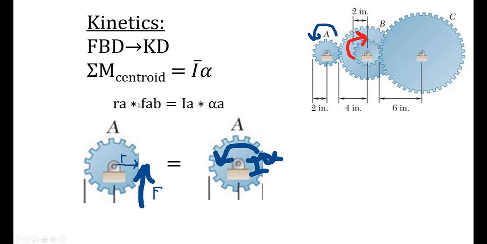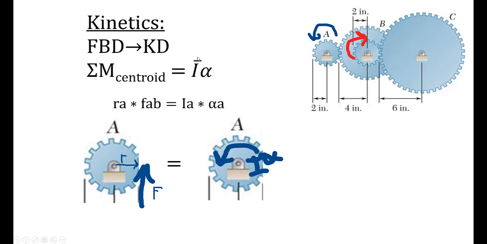Okay, so when I add my moments together, I'm going to worry about the sign of my moment. But on the other side, for I alpha, I'm always going to write I alpha in the positive direction. And it'll drop out mathematically whether that alpha is going to be positive or negative or not.